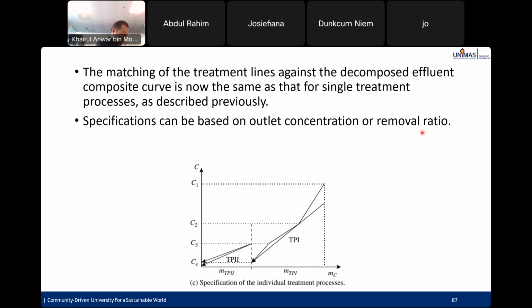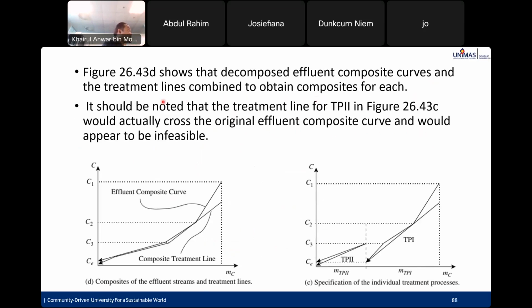It's not the same. Figure 26.43d shows that the decomposed effluent composite curve and the treatment line are combined to obtain a composite for each.